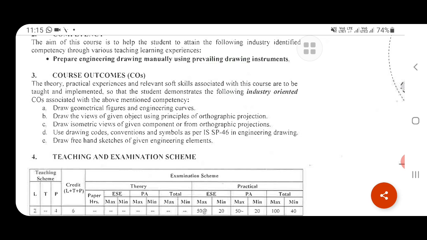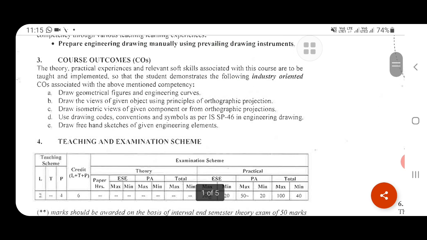So the COs: first, draw geometrical figures and engineering curves. Next, draw the views of the given object using principles of orthographic projections. Third, draw isometric views of a component using orthographic projections. And fourth, draw using drawing codes, conventions and symbols as per engineering drawing. Then draw freehand sketches of elements. So these are the COs.